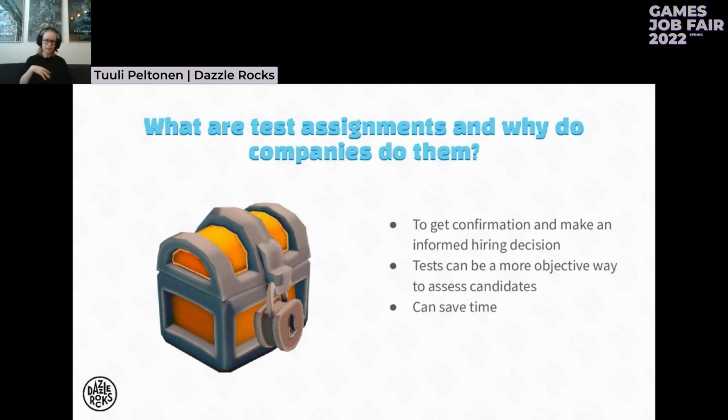Interviews are always subjective because not the whole company is interviewing you. There's only maybe one or two people there. So test assignments can also be a much more objective way to get information to assess candidates and get a well-rounded picture of the candidate themselves. And sometimes test assignments can also save some time for companies as well.